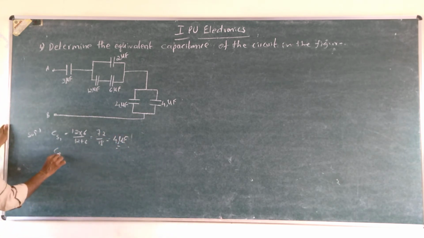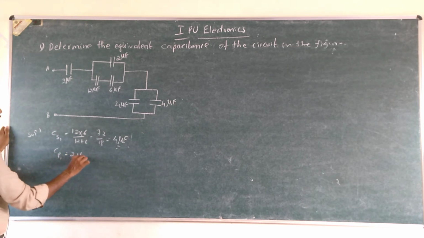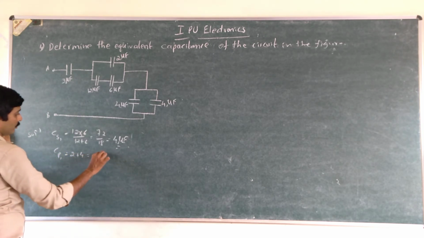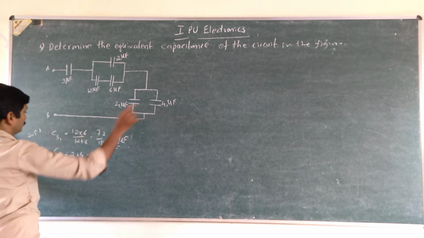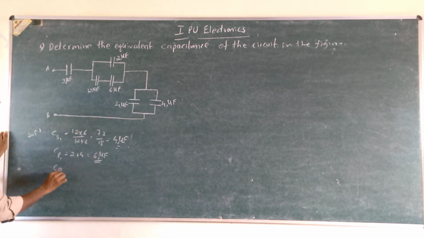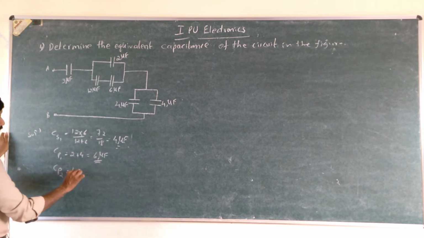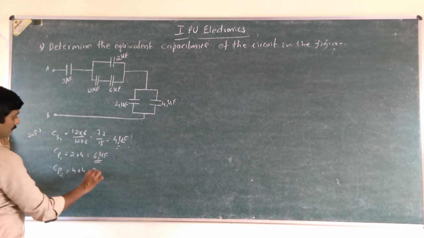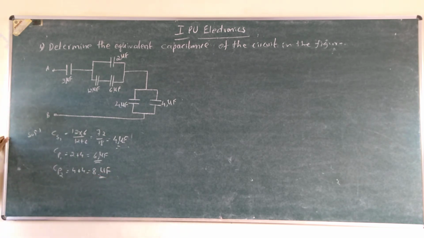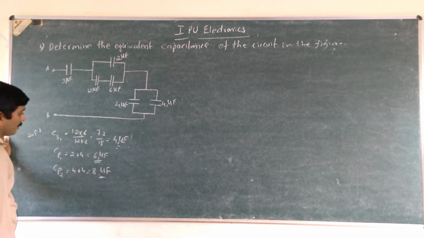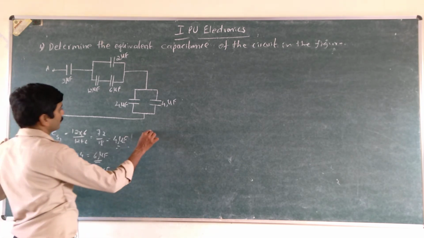Next, CP1 is equal to 2 plus 4, 6 microfarad. Next these two, CP2 equal to 4 plus 4, 8 microfarad. Therefore, CAB in series.